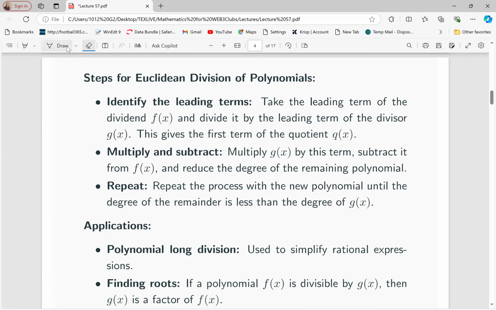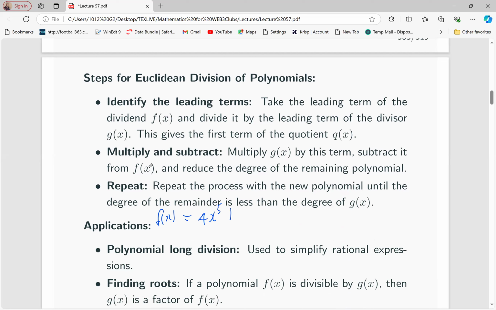Now, let's go through the steps of doing division. We want to divide a polynomial into the other. Supposing I have this polynomial f of x, and this is 4x raised to 5 plus 3x minus 10, and another polynomial, let me say 2x raised to 3 plus 7, for instance.